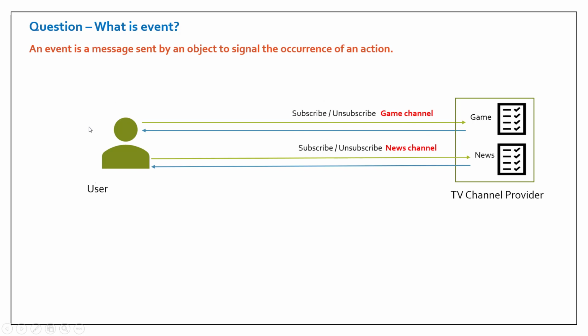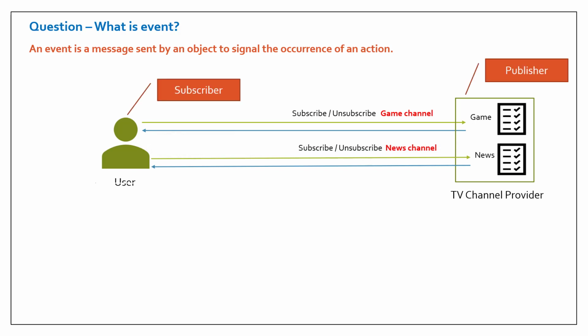So for this example, user is subscribing the game channel and the news channel. So when we are subscribing to something or unsubscribing to something, we are getting immediate messages like this channel has been subscribed for you or you have unsubscribed this channel. So this is a kind of notification we are getting. So this we call as event.